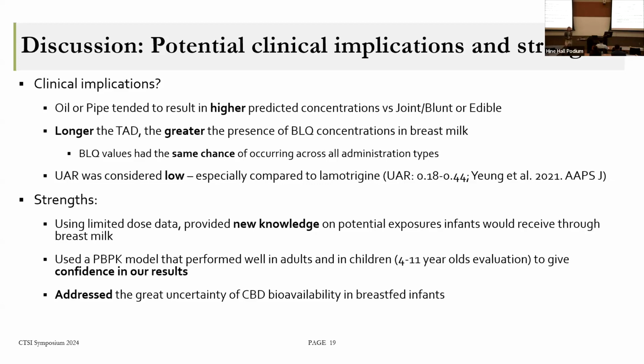So perhaps one day that could help inform that after a certain time after dose, the concentrations are going to be very, very low in breast milk. The UAR was also considered very low, especially compared to other drugs that we looked at, like lamotrigine, the anticonvulsant, where it had a UAR of 0.18 to 44 in some of those age groups. Versus here, I think the UAR was like 0.00033, something like that.